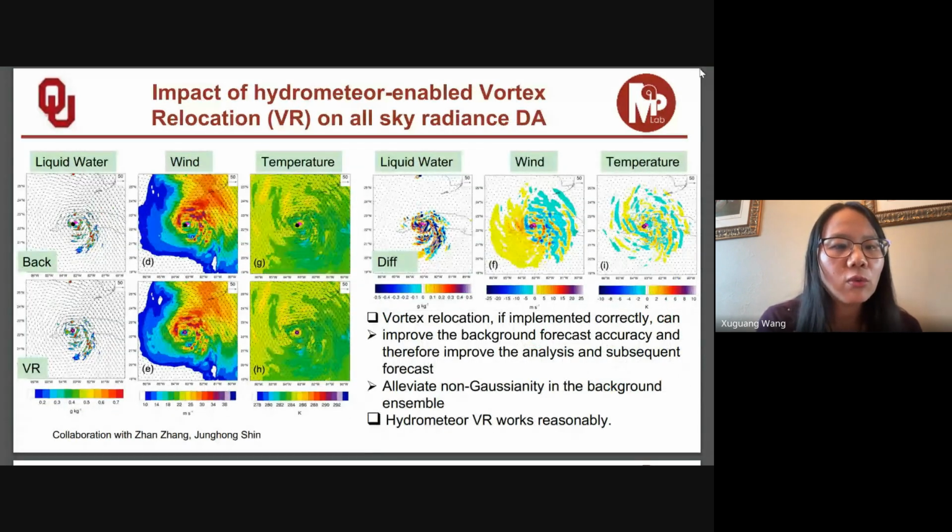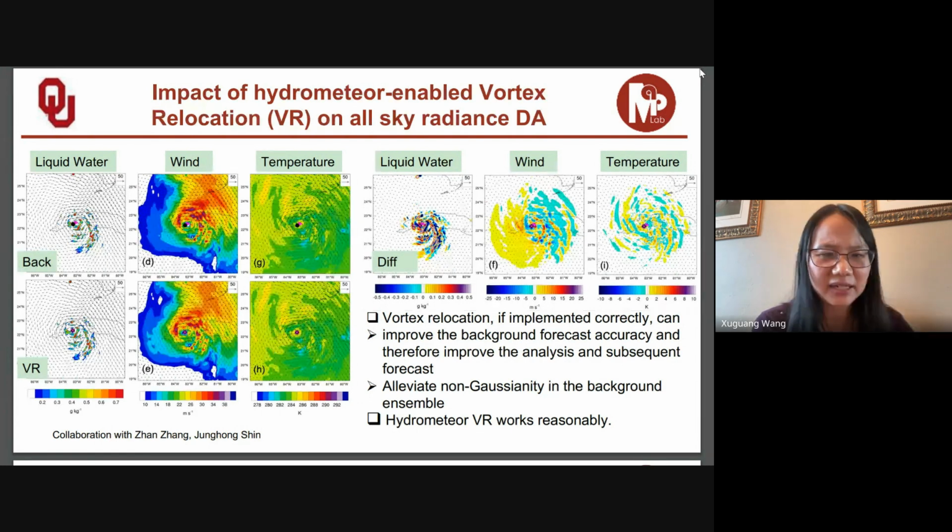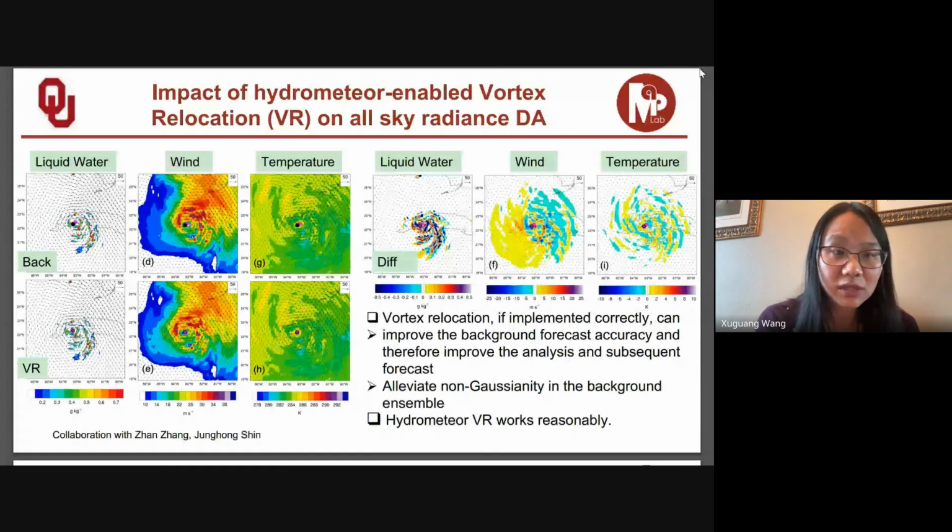Okay, so vortex relocation was mentioned a few times. If it is implemented correctly, it can help improve background forecast accuracy and therefore improve analysis. As John also mentioned, it can also alleviate the non-Gaussianity in the background ensemble when the vortex in the ensemble has a large deviation from the truth. But the previous vortex relocation from EMC does not have the capability to relocate the hydrometeors.